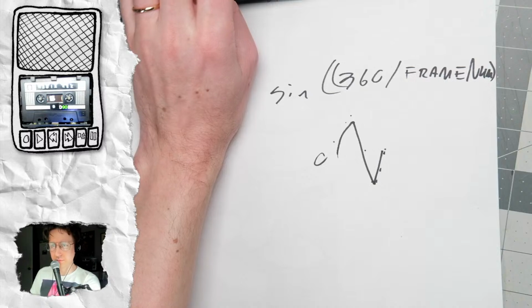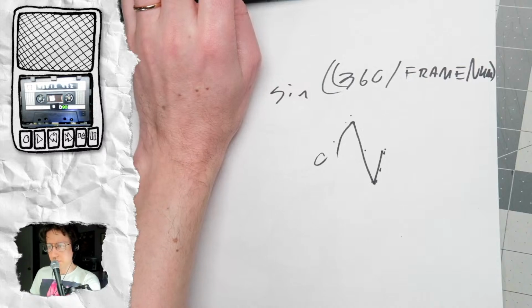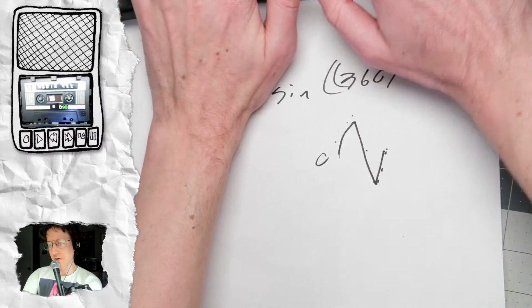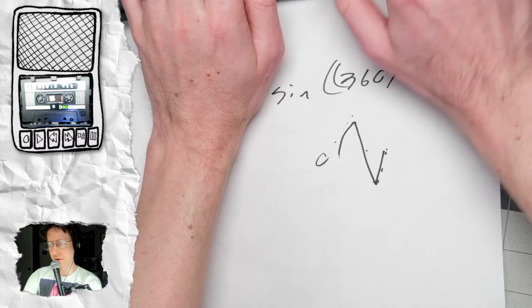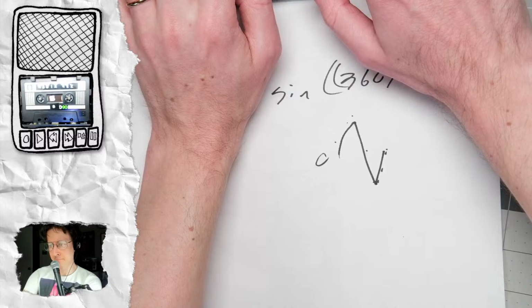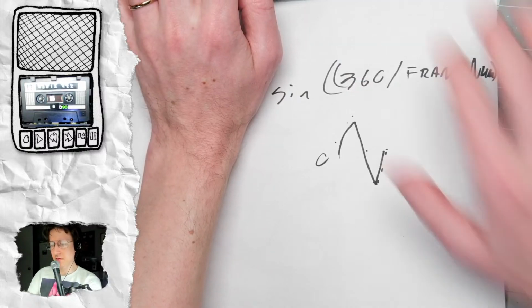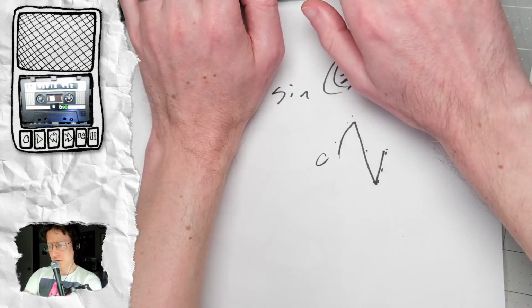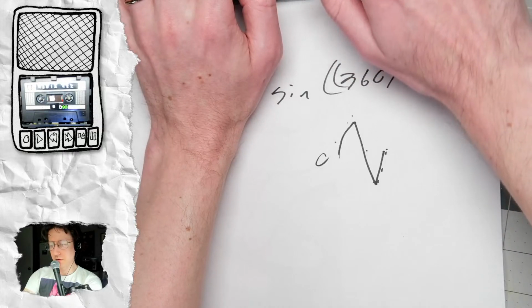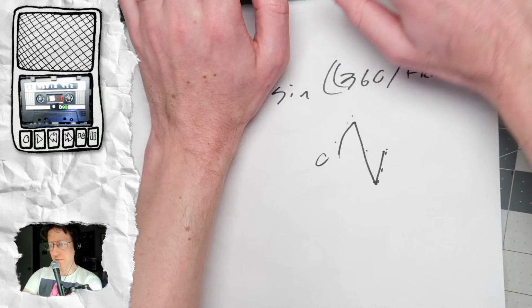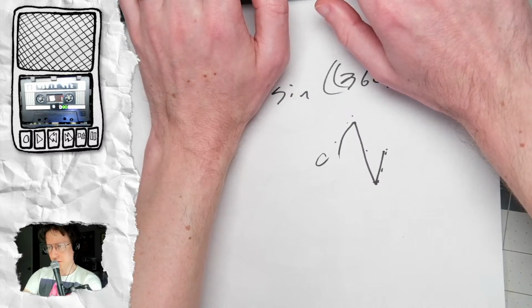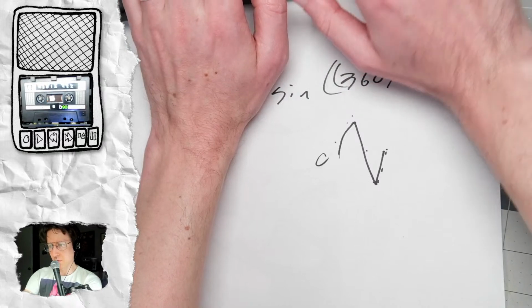Let me get a new guy and let's just have this position. Let's make it this. Sine 360 divided by frame num. Divided by 1 times time minus rep.